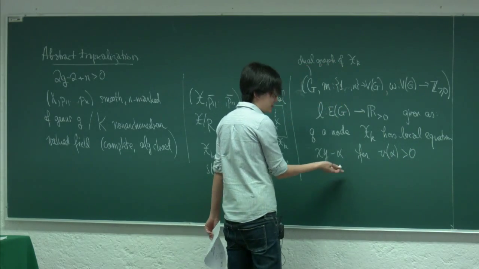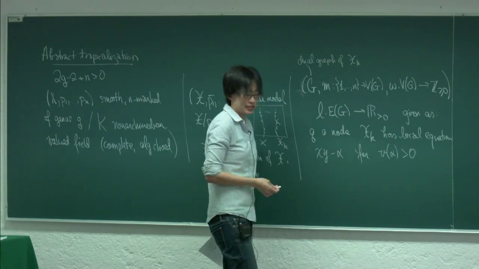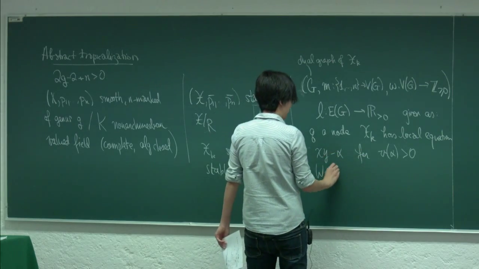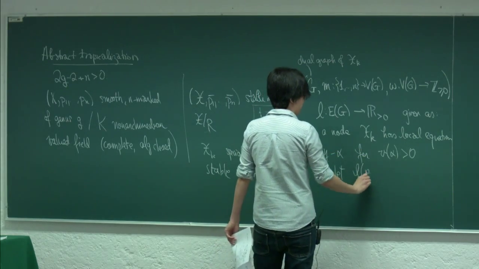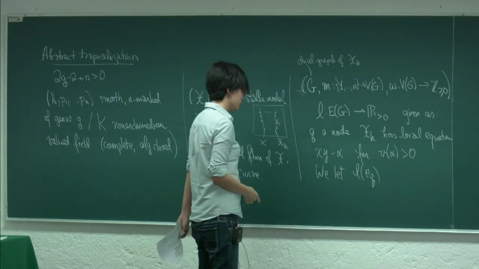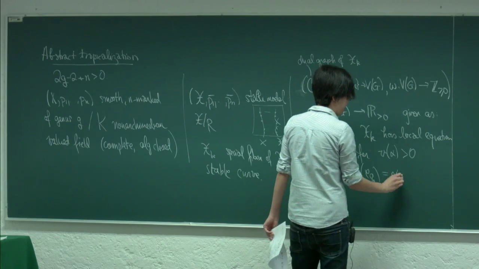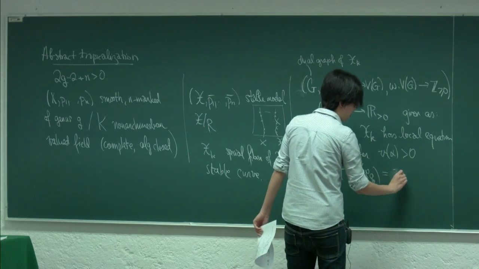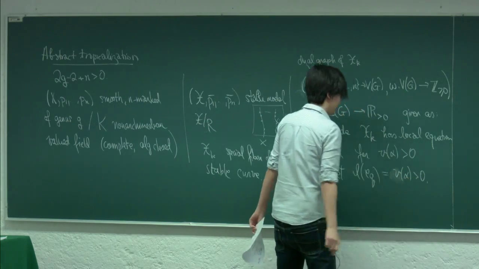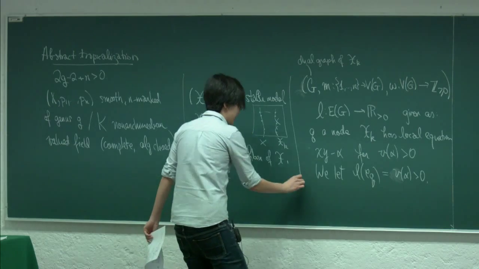And this alpha is not uniquely determined, but its valuation is. And we let the length of the edge in the dual graph associated to that node Q be the valuation of alpha, this positive number. And so this is the tropicalization.